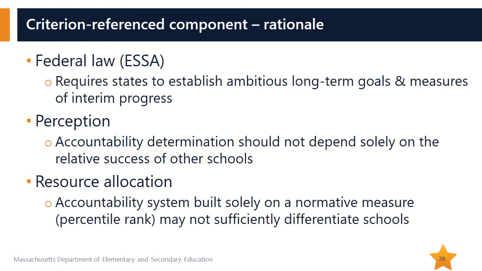Additionally, having a criterion-referenced part of the accountability system allows a school to demonstrate improvement relative to its own targets, not just measure its performance relative to other schools in the state. Finally, it provides additional information about school performance beyond what an accountability percentile might imply.